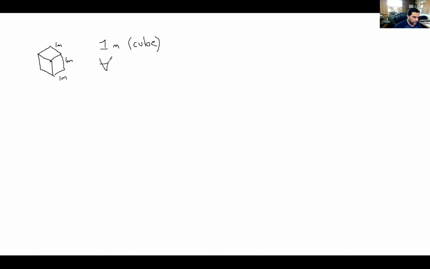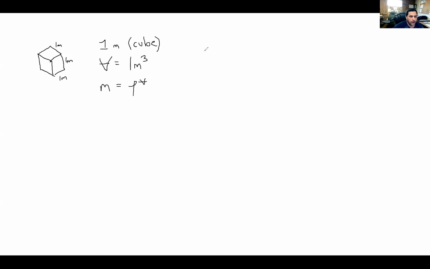So the volume, 1 times 1 times 1, would be 1 cubic meter. We know that mass is equal to density times volume.